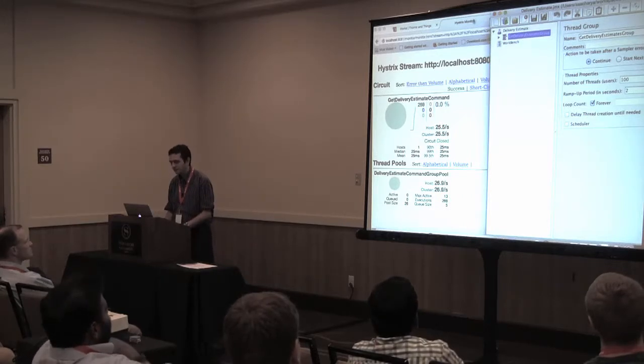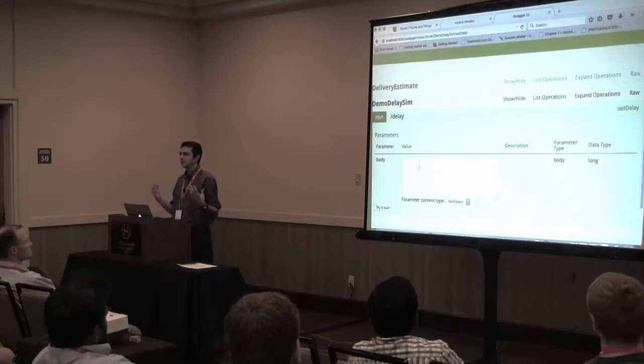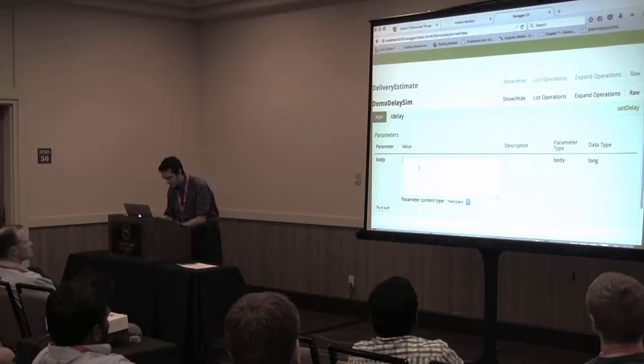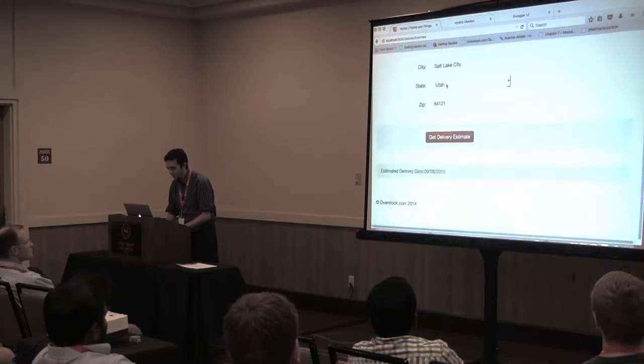So I started the thread, and you see it showing everything is good, right? Things are looking good. Now I'm going to go to Swagger and simulate some latency in the delivery estimate command. I'm going to set, say, 5 seconds of latency, and say try it out. If I come back to my Hystrix monitor, oopsie, there you go. But if you come back to your web app and say get delivery estimate, it fails fast.